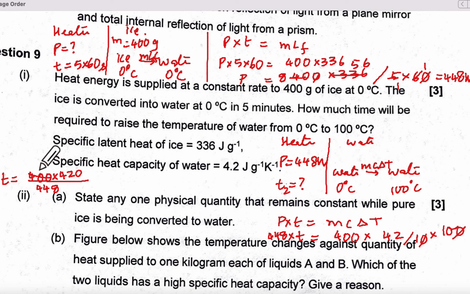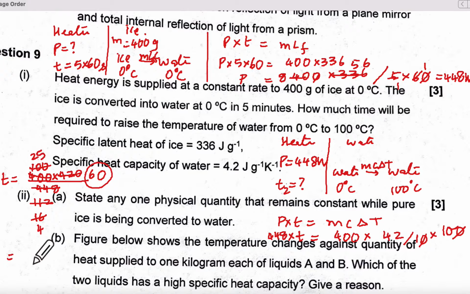So 4 goes 100 times, 4 goes 112 times. 7 will go 16 times, no? And 7 will go 60 times. Now don't touch this 60 because it will give me minutes directly. So 4 goes 25 times, 4 goes 4 times.